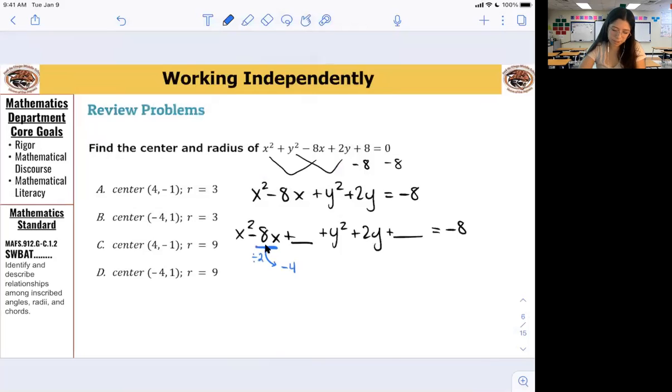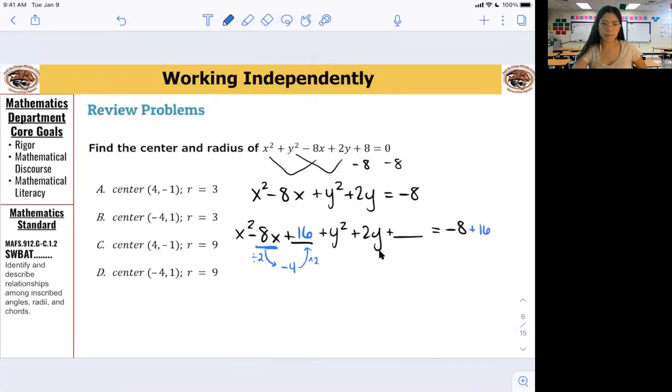We square it. Good. So put it to the power of 2. So I end up with 16. And what do you have to remember to do when you add it over here? We also add it to the right side, right? Because anytime that you're adding something on the left side, you want to balance your equation and add it to the right side as well. So we added 16 over here.